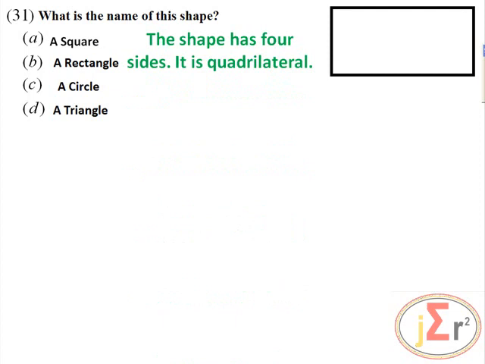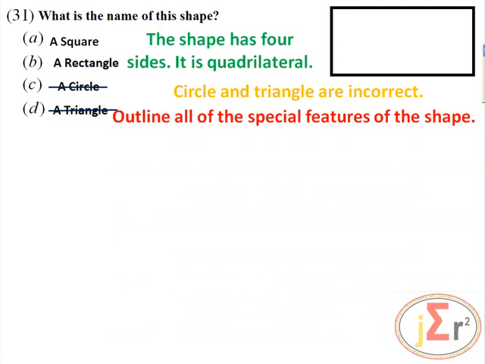A rectangle is a quadrilateral. So it is not a circle and it is not a triangle. The only quadrilaterals that we have there are square and rectangle. Circle and triangle are incorrect.